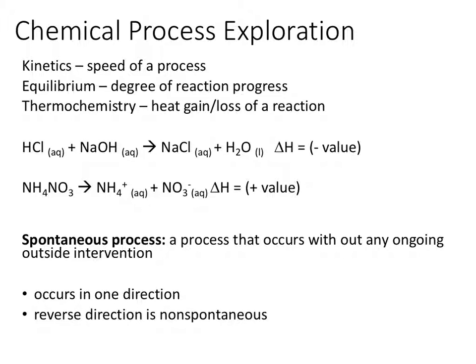And if we look at the enthalpy values that are connected, or at least their signs, we see that one of the processes is exothermic, one of the processes is endothermic. Now, these reactions occur. We know that they occur. However, none of these indicators up here help us identify why these happen, okay?